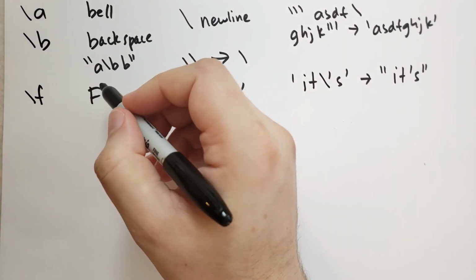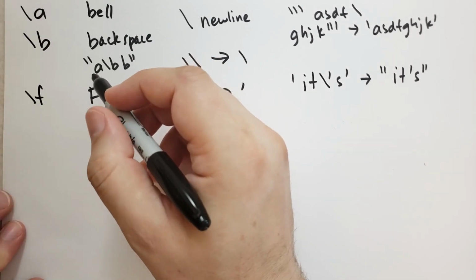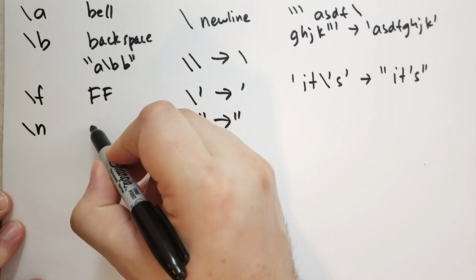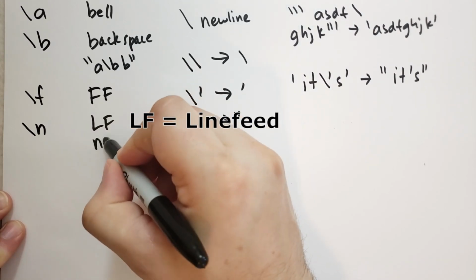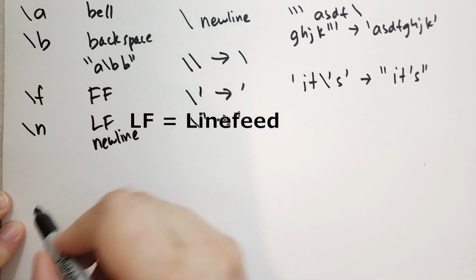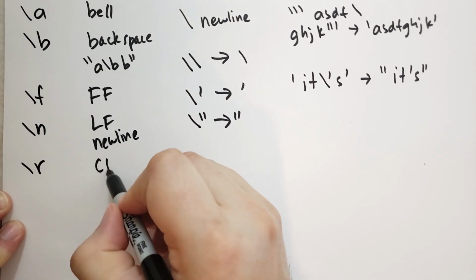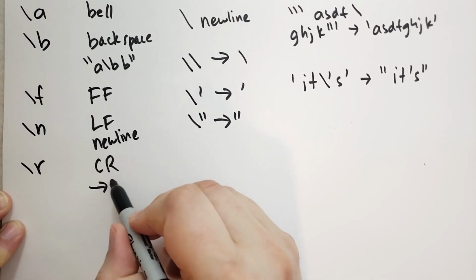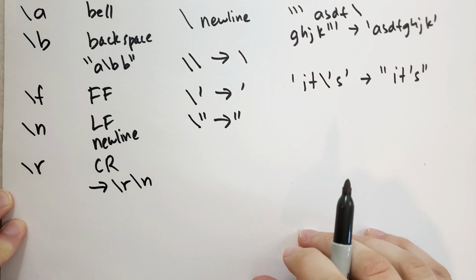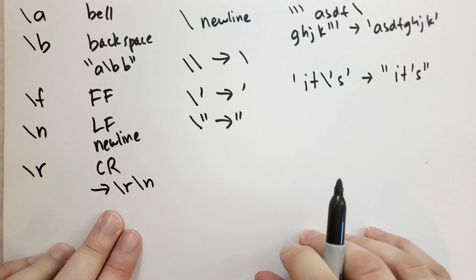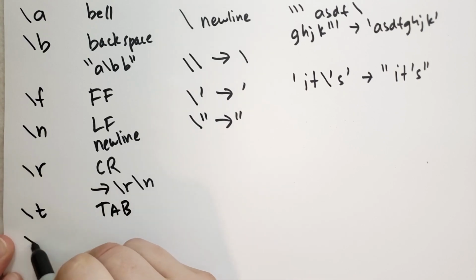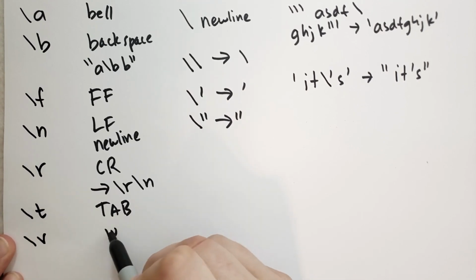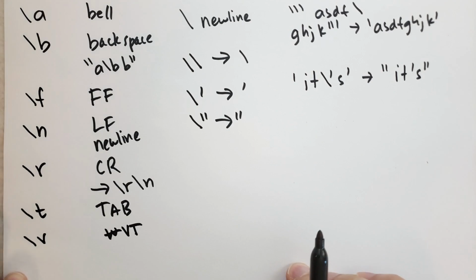I haven't really found a use for this. \n is a new line, what we call LF, or line feed. \r is the carriage return. Typically, you'll see \r\n for Windows and Internet documents. \t is a tab. \v is a vertical tab. I have no idea what that does either.